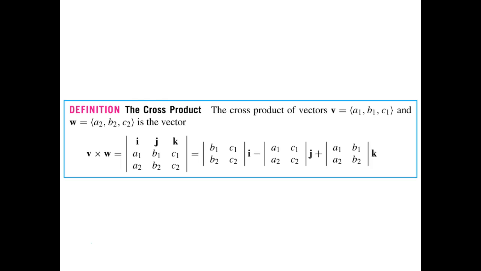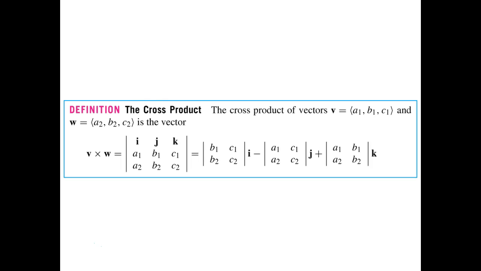So what you do, you put your rectangular unit vectors on top, I, J, and K. I was writing with carets on top. Okay? And then you put the components of the first vector in the second row, the components of the second vector in the third row, and then you do the determinants. Well, this is going to be times I, you know it is, so you do that minor, B1 C2 minus C1 B2.